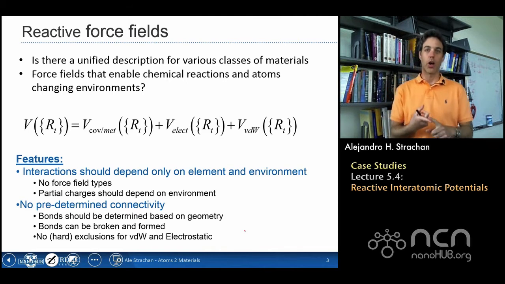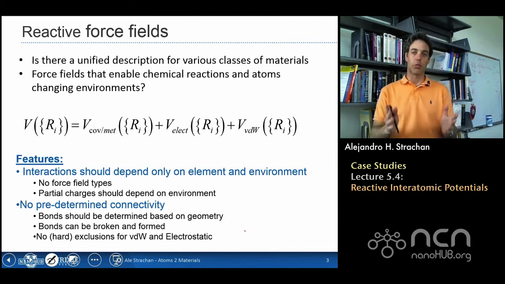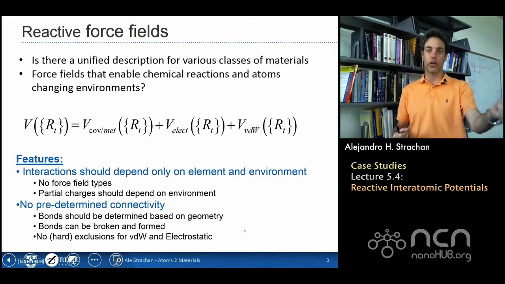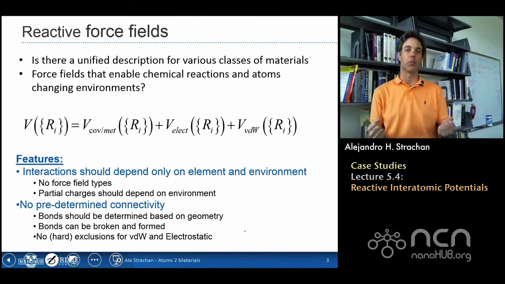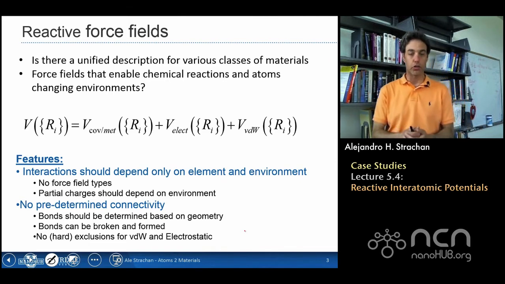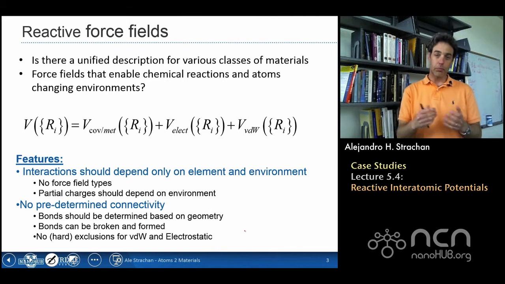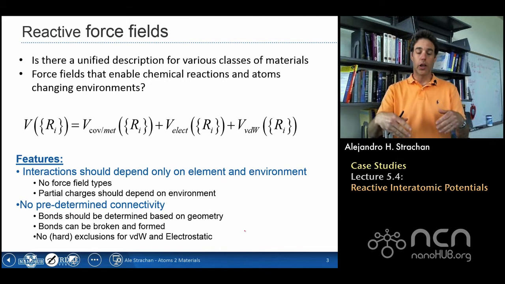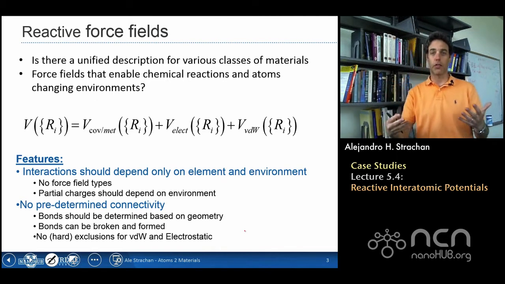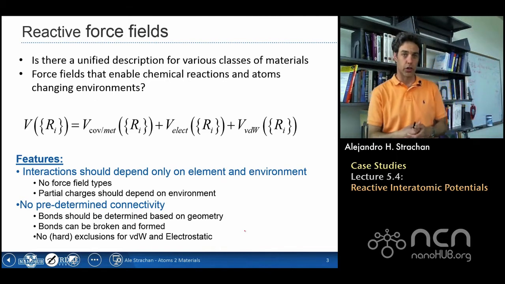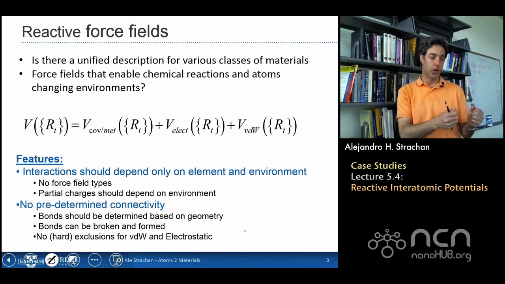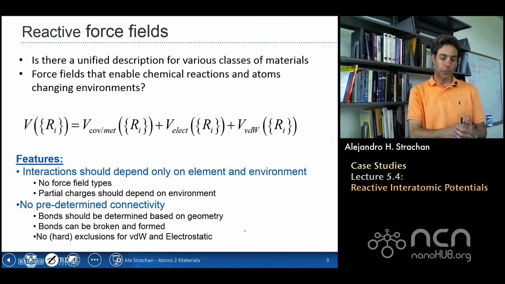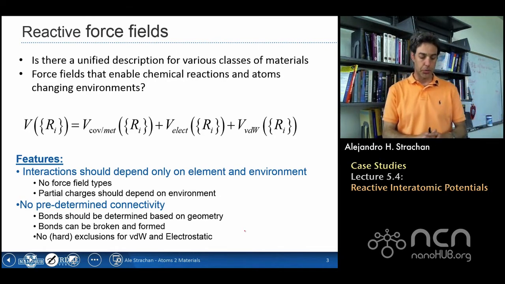First of all, no atom types. The atoms should only be described by their element. I cannot have an sp2 carbon and an sp3 carbon. Only elements should be used. The partial charges on the atoms need to be calculated on the fly based on the environment. They should allow charge transfer during the simulation for a neutral atom to become an ion through a chemical reaction.